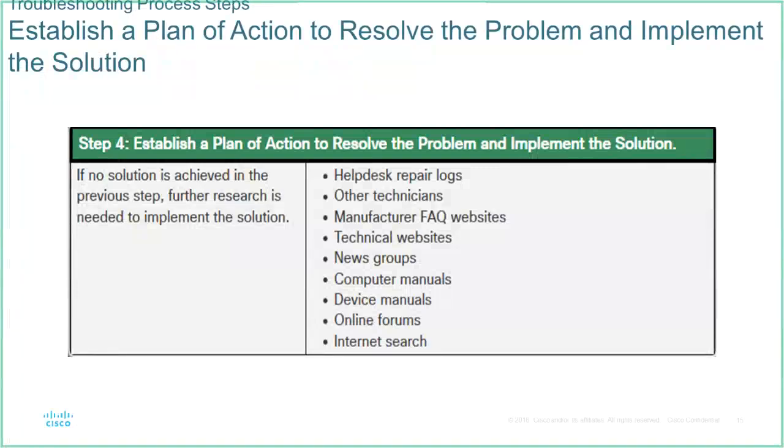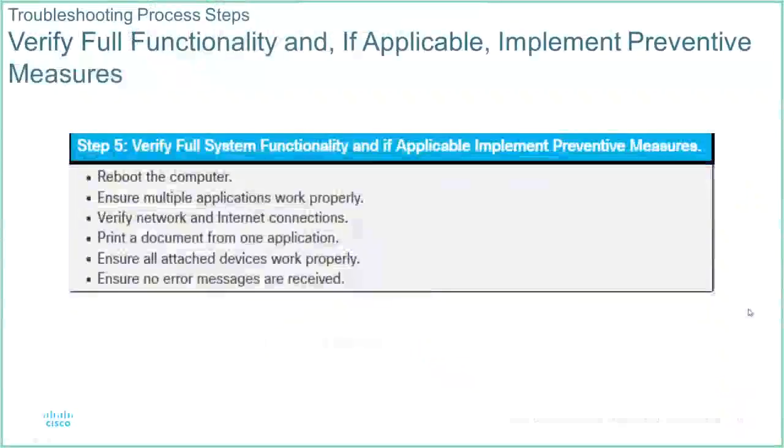Frequently asked questions, websites and various forums will help you as well. The news groups, computer manuals, device manuals, all of that sort of stuff. And basically, way down the bottom of this slide is generally the go-to that everybody uses, which is the internet search. They don't bother looking at manuals and that. Ask Uncle Google and he shall inform.